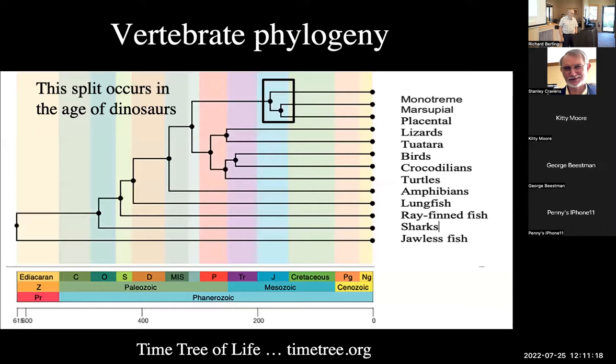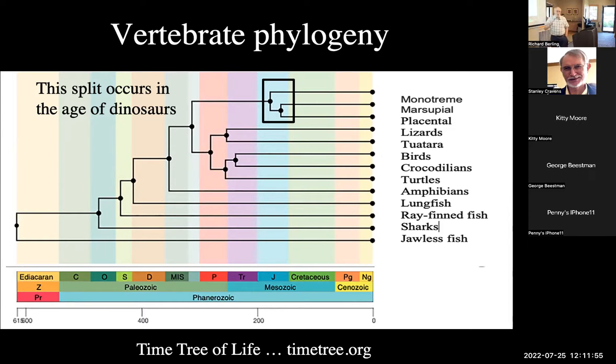So now we're going to delve into a little bit about evolution. I want to give a shout out to this website called the Time Tree of Life. It allows you to put together your own phylogenies. If you put in two species, it'll give you all the scientific data and an estimation as to how long ago they shared a common ancestor. If you put together a whole group of species, it will print out a phylogeny like this.